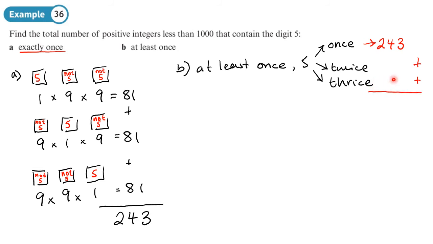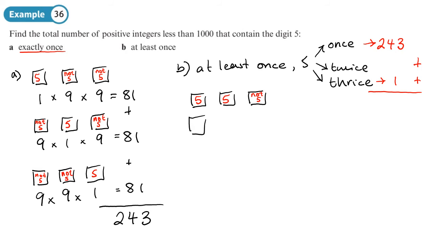Now this one we don't need to work anything out. If there's going to be 3 5s in a number, there's only one of those, so that's going to be 1. So we only need to work out this twice here, the number of ways we can have 2 5s in a number. So let's do it like this. We've got our 3-digit number there, so the 5s could be in the first 2 places, and not a 5 in the last one.